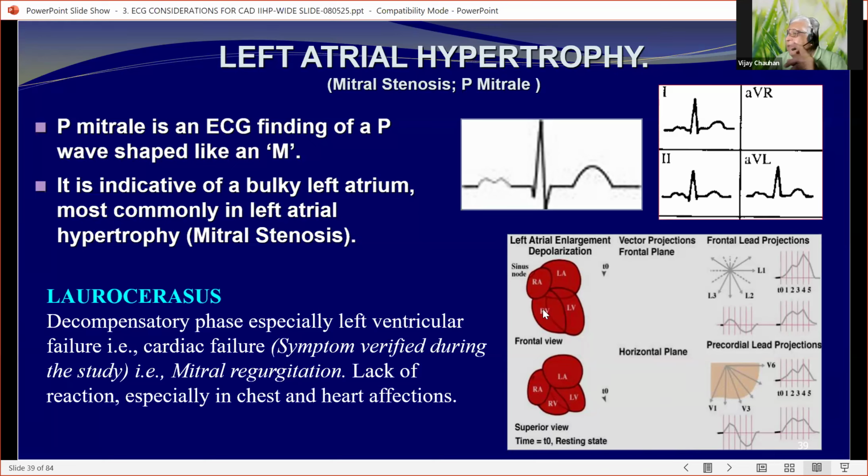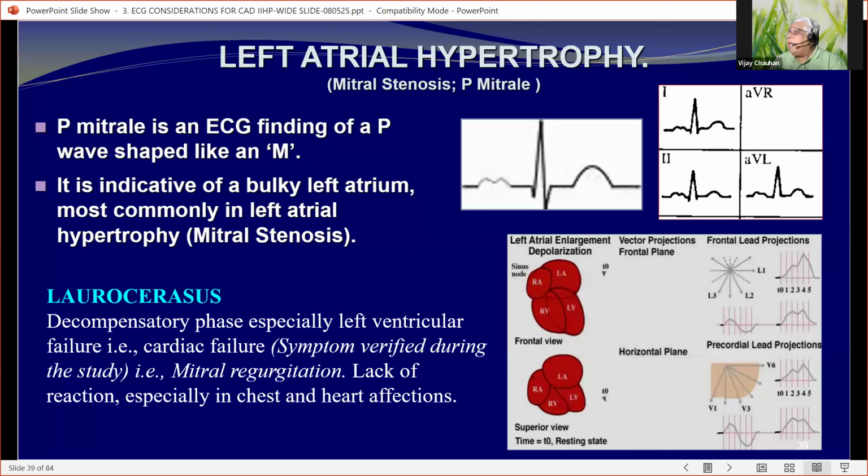But same time when it goes to the left atria, because left atria is bigger in muscle mass, so electrical forces move from the right atrium to backside. So it will go into the negative area and you will see this type of biphasic presentation of P wave in V1, V2, maybe V3.